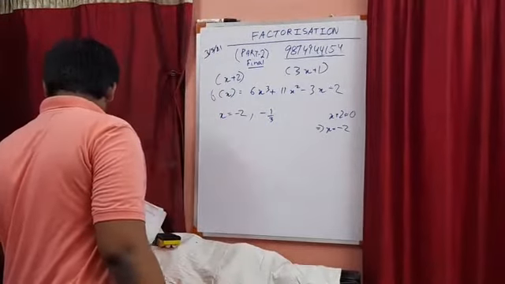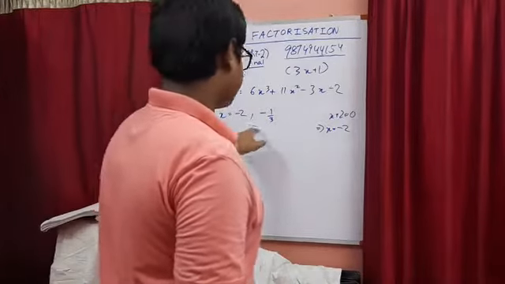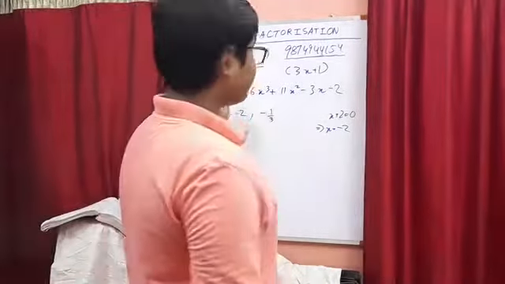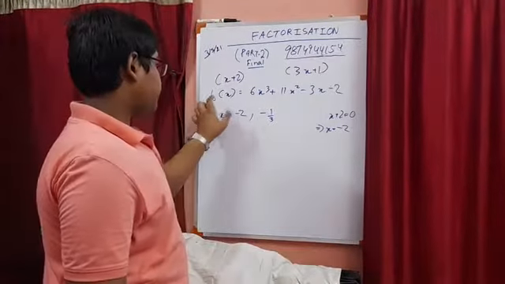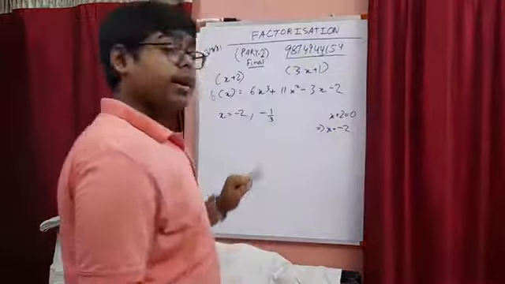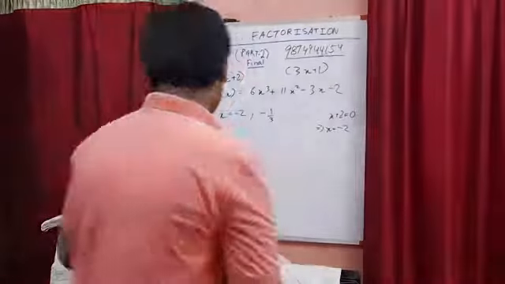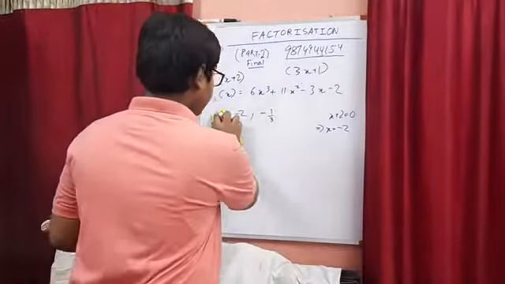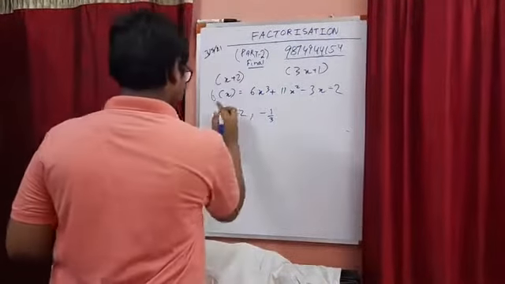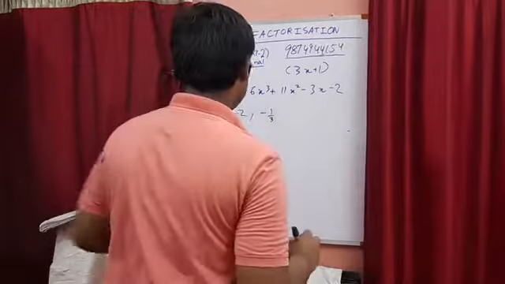Now they are telling us to prove this. Now we will apply both these values in this, and if we get the remainder as 0, it is proved that they are both factors of the polynomial. Therefore we will continue. x is equal to minus 2 and minus 1 by 3.